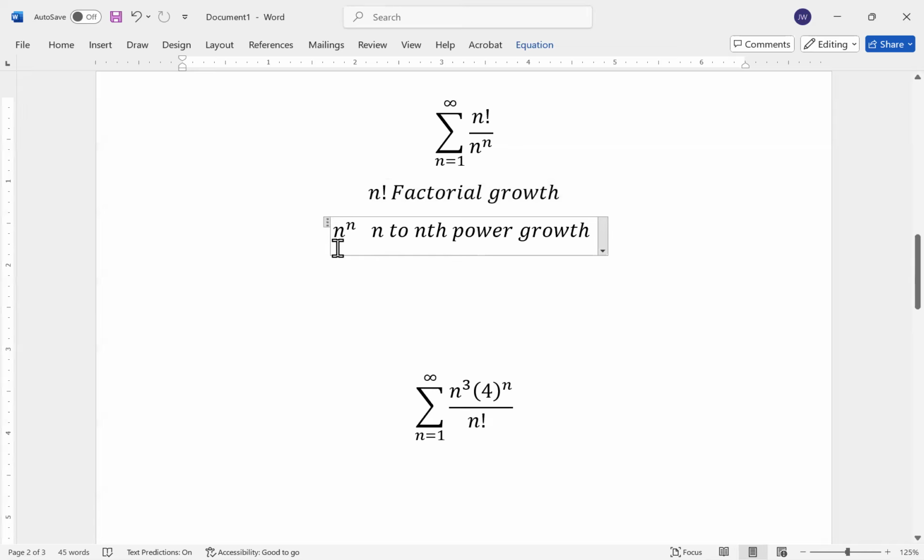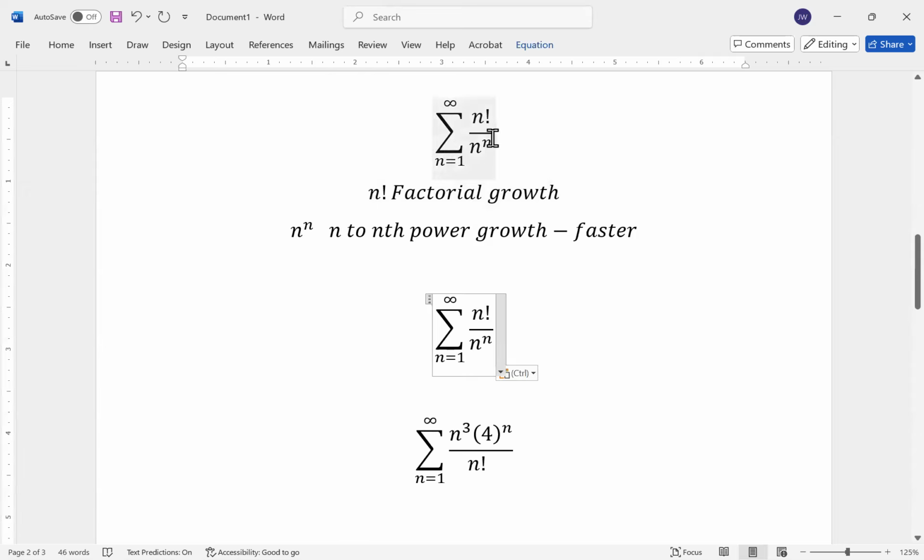Since 7 times 6 is always going to be smaller than 7 times 7, and 8 times 7 times 6 is going to be smaller than 8 times 8 times 8, the n to the nth power growth is going to be the faster one. That's in the denominator.